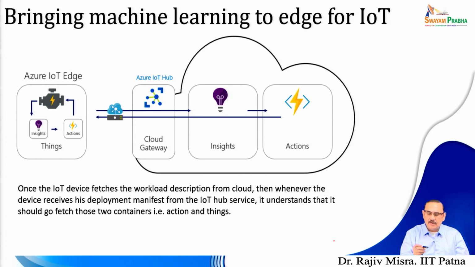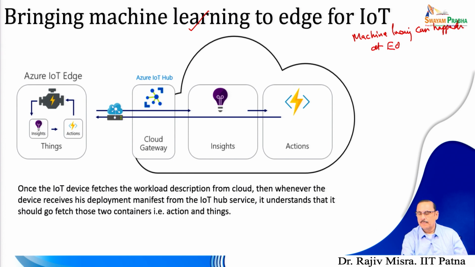Now, bringing the machine learning, or performing the machine learning, to the edge for IoT, let us understand the entire concepts, and we will see how the machine learning can happen at the edge. So, bringing the machine learning to the edge for performing the IoT application is the main theme.